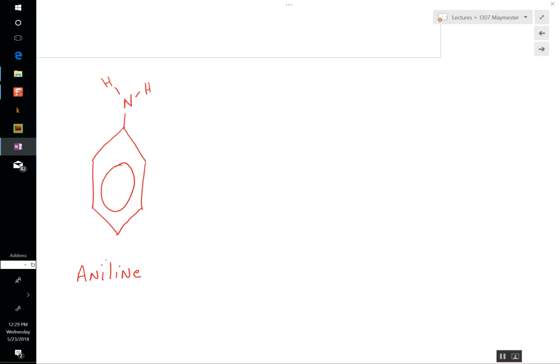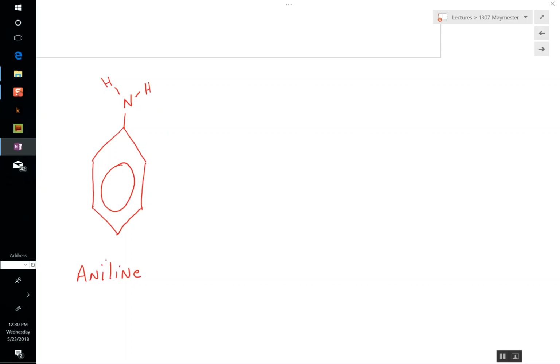Aniline. So now you got benzene, toluene, phenol, benzaldehyde, benzoic acid, and aniline. This is a whole series of aromatic molecules with a new functionality on it.